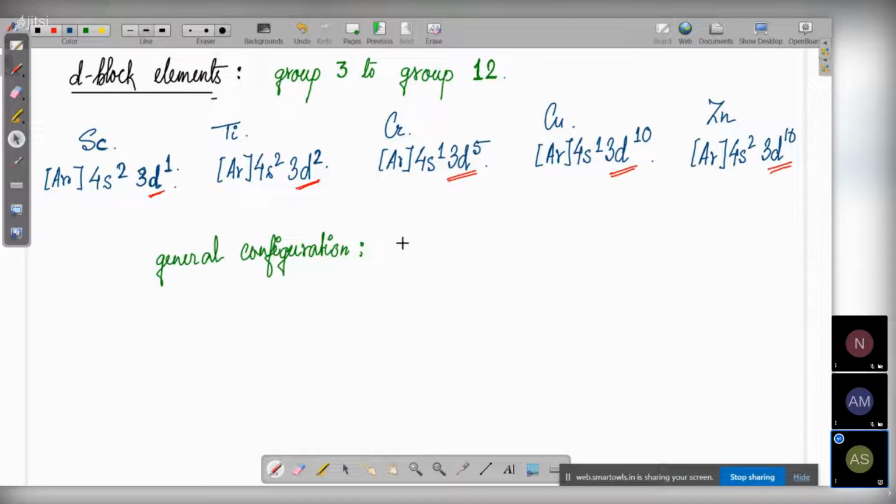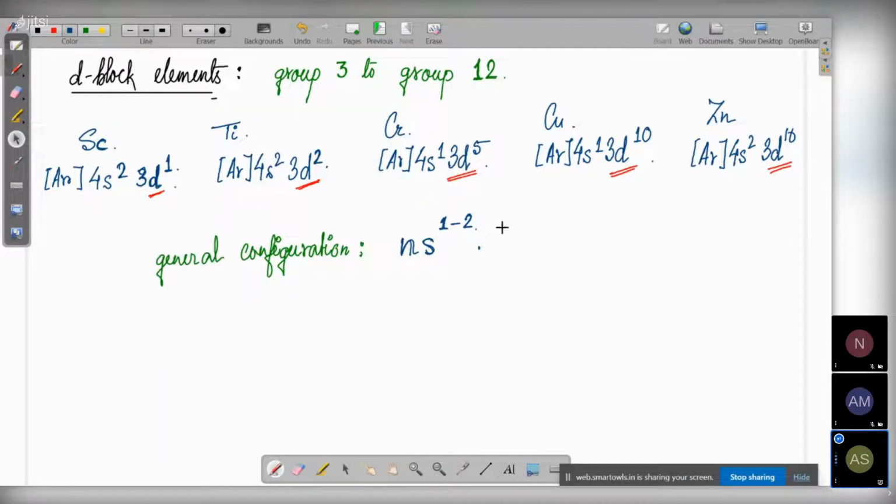So you will write it as ns1 or 2. The number of electrons in the s orbital will be either 1 or 2, but electrons must be present in the s orbital.